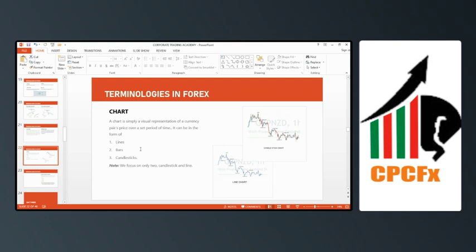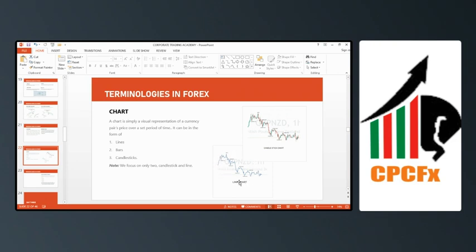We are not going to talk more about the bar chart, because I don't personally trade with bar chart, but I just wanted you to know that there's something called bar chart. If you look at the diagrams here, you will see only the candlestick chart and the line chart.